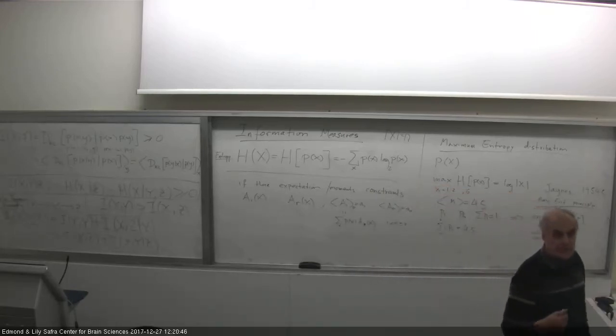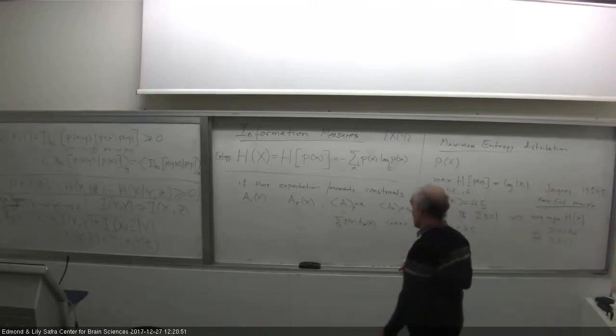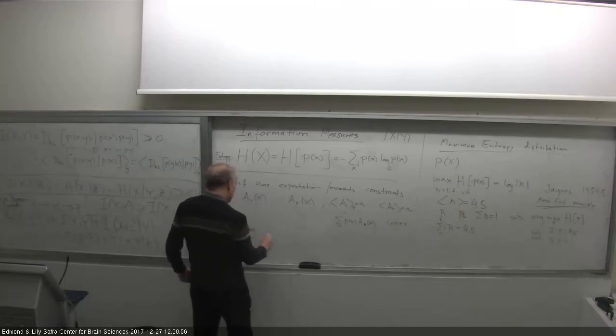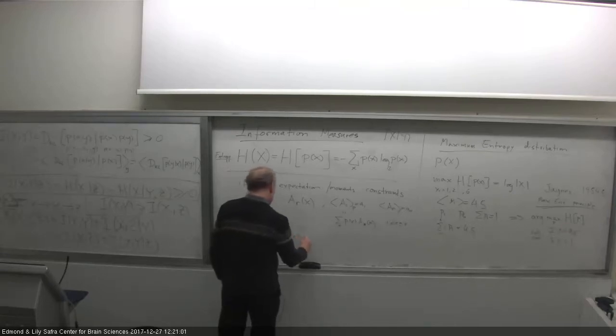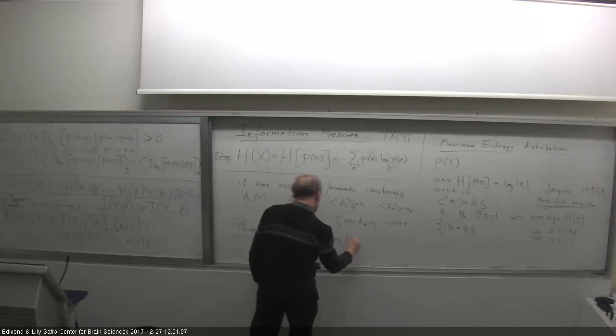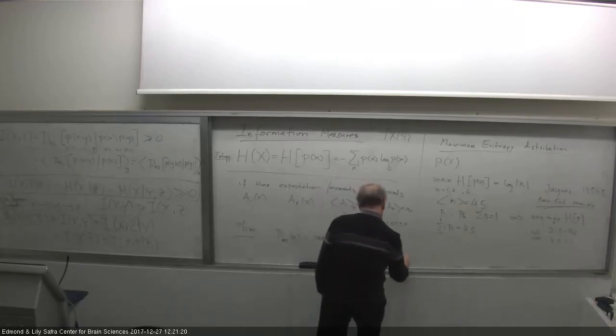Now, what is the maximum entropy distribution subject to such constraints? This is essentially the question. The theorem is actually a very simple theorem. The maximum entropy distribution over x, which is the argmax of H of p(x) such that all these expectations of a_k with respect to p equal alpha_k, where k is any one of those constraints, is what?